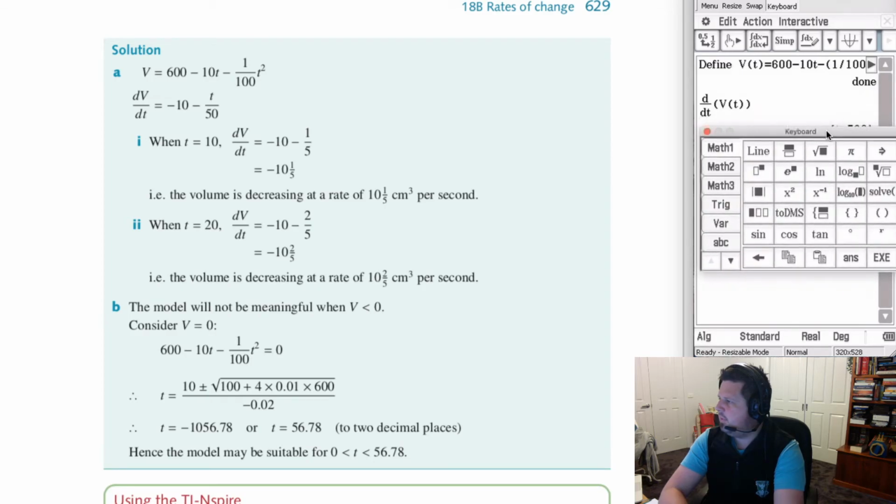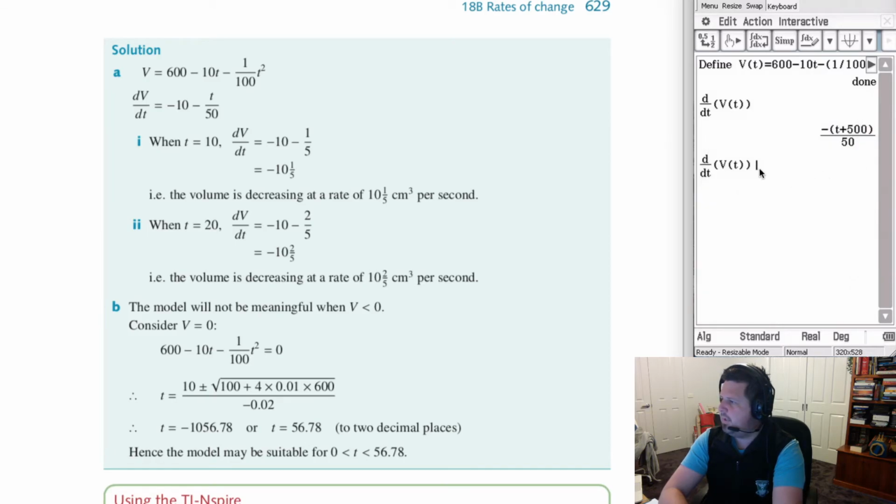It's on the keyboard in Math 3. It's this one here, little bar symbol. Cool, so we've got the bar. And from there, we're going to say make t equal to 10. So after the bar, you put what you want t to be equal to, press execute, and you get negative 51 over 5, which is this here.